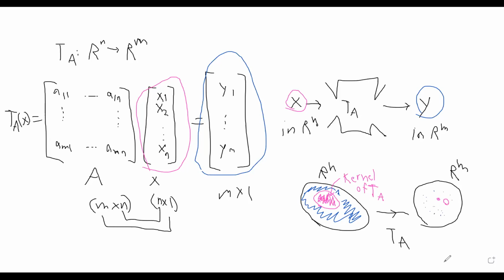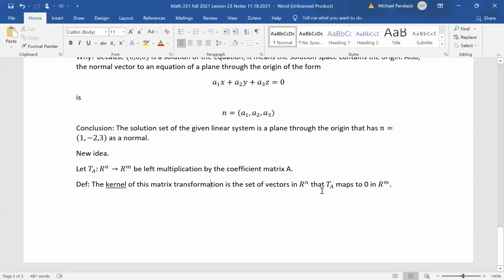And so the kernel of T sub A is the set of all things in the domain that T sub A maps to 0. Okay. So a matrix transformation is a function, and the kernel is just the set of all things that T sub A maps to 0.